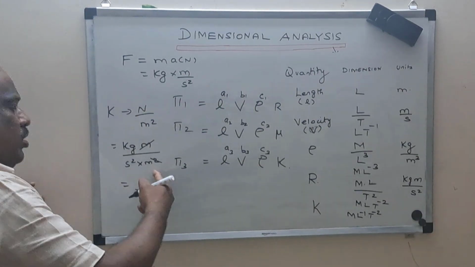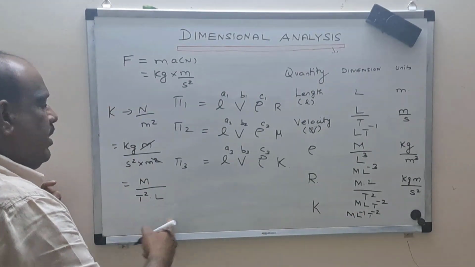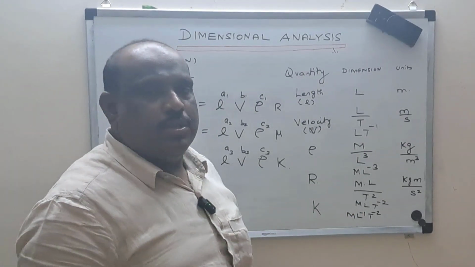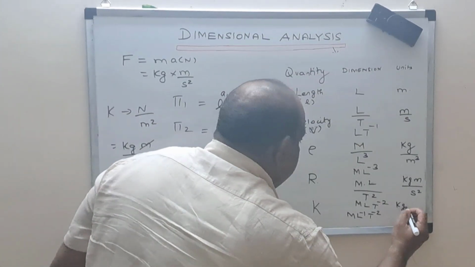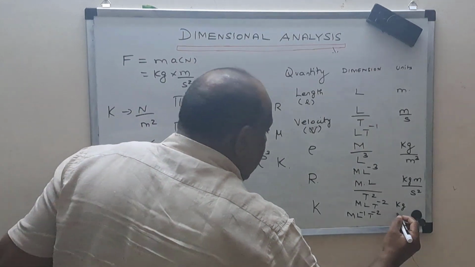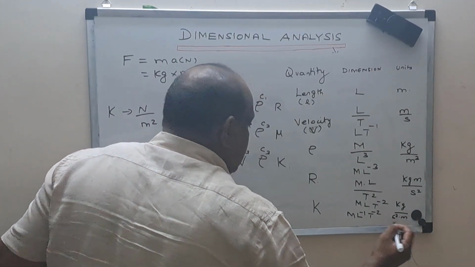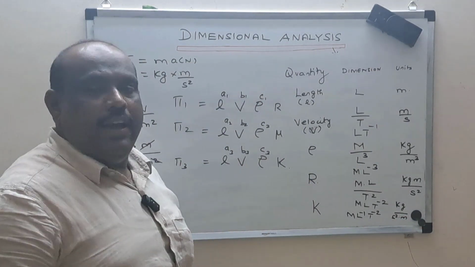When L is taken to the numerator it becomes minus 1, and T squared becomes T power minus 2. The unit will be kg divided by second squared meter. This is the unit of K or the pressure.